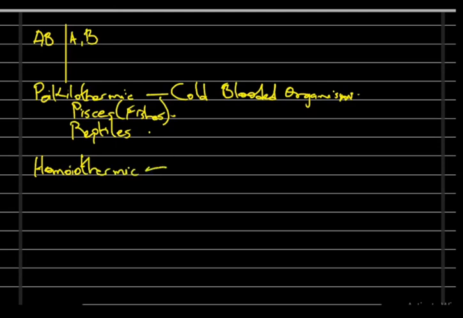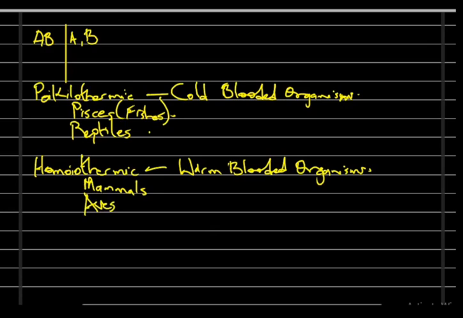Homoeothermic organisms. These are warm-blooded organisms. Example, that is where we'll be having the mammals. We have other organisms like the aves. Aves are also warm-blooded organisms.